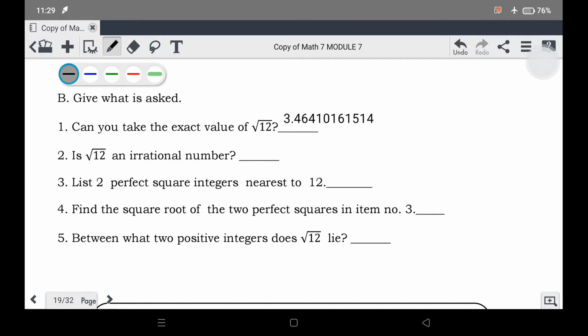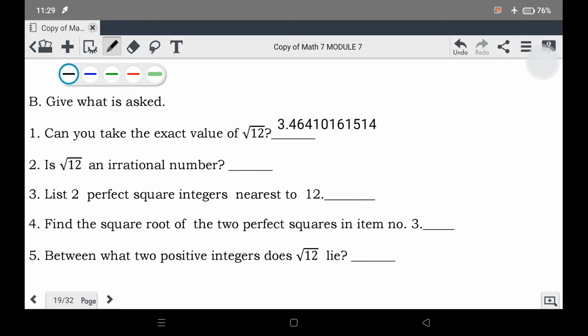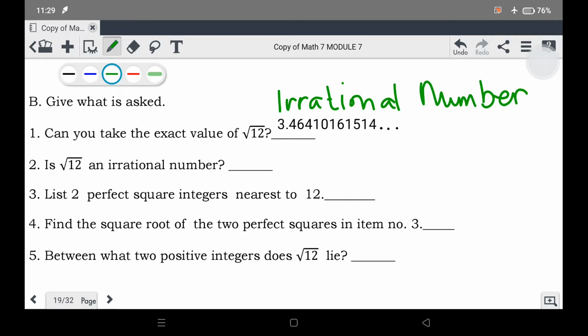But the actual answer of the square root of 12 involves a series of numbers after the decimal point. So we know that the square root of 12 is an irrational number. Is the square root of 12 an irrational number? Since we just took the value of the square root of 12, our answer here is yes. Now, number 3, list two perfect square integers nearest to 12.